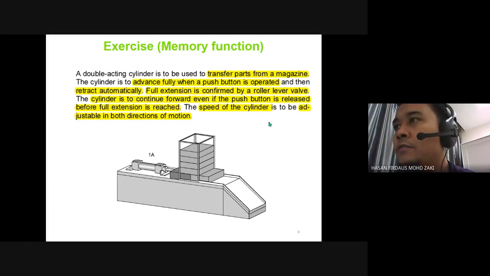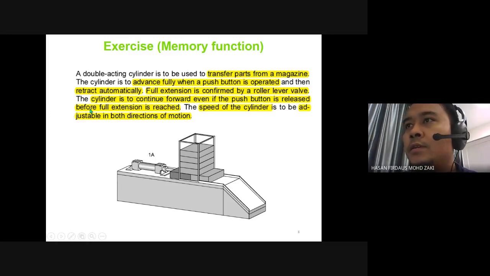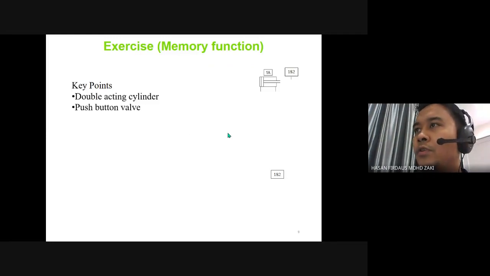Okay. Full extension is confirmed by a roller lever valve. The cylinder is to continue forward even if the push button is released before full extension is reached. The speed of the cylinder is to be adjustable in both directions of motion. So this one is the same like before. All right.